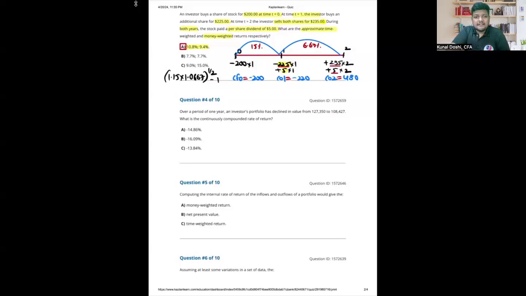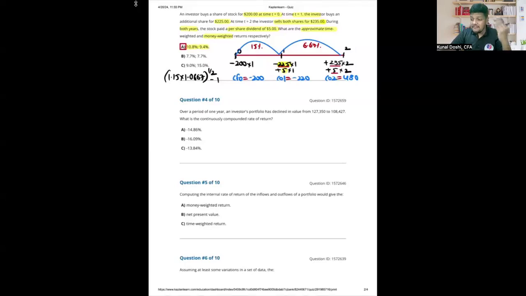Did we add 5 to the minus 225? See, again, I will repeat here. Your question should be specific. Are we thinking from the cash flow or time weighted? If it is time weighted, what is the holding period return formula for the first period? Focus on the HPR formula. It is ending plus income divided by beginning. So in the first period, what is your ending value? 225.